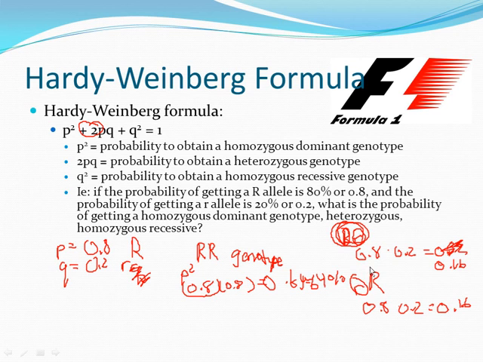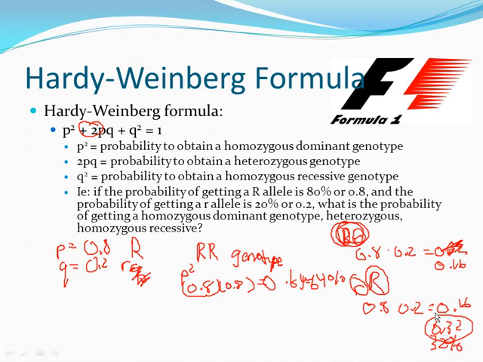And that's why you multiply it by 2. So in this case, we're going to add it. But if you multiplied any one of these by 2, you would still get this 0.32, which is 32%. That's to get the total heterozygous genotype, not just one type of heterozygous genotype or the other.